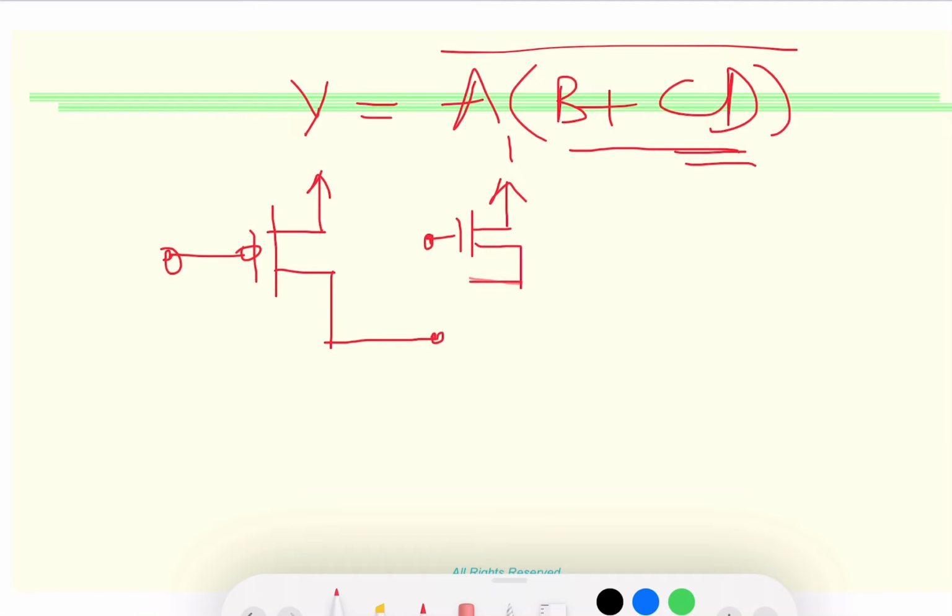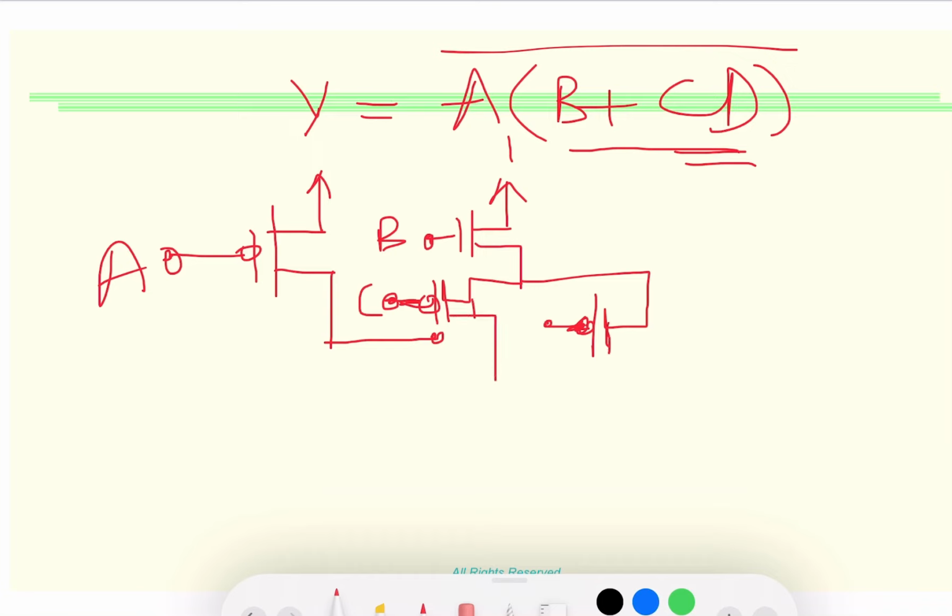Which means we would branch it, and this would be A, this is B, and C. We are putting it all as pull-up networks, PMOS.